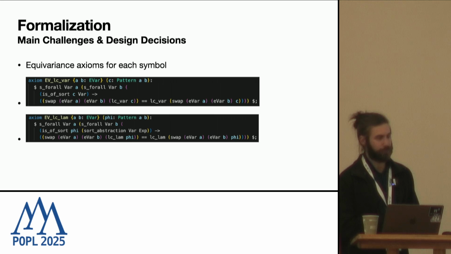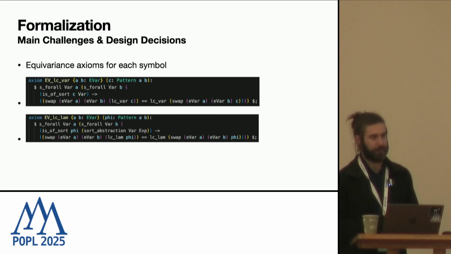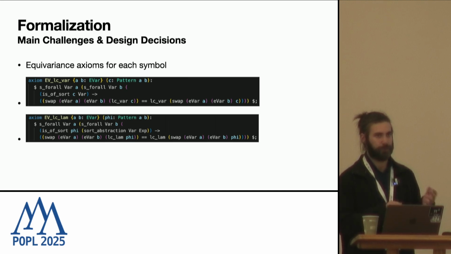But for this formalization, we decided that instead of having this one axiom for every single symbol, we have a separate axiom for each symbol that we want to introduce. That's to make it compatible with other theories. Maybe you want to have theories where you don't want to have equivariance for your symbol. So we don't want to force everyone using our theory to have every single symbol be equivariant.